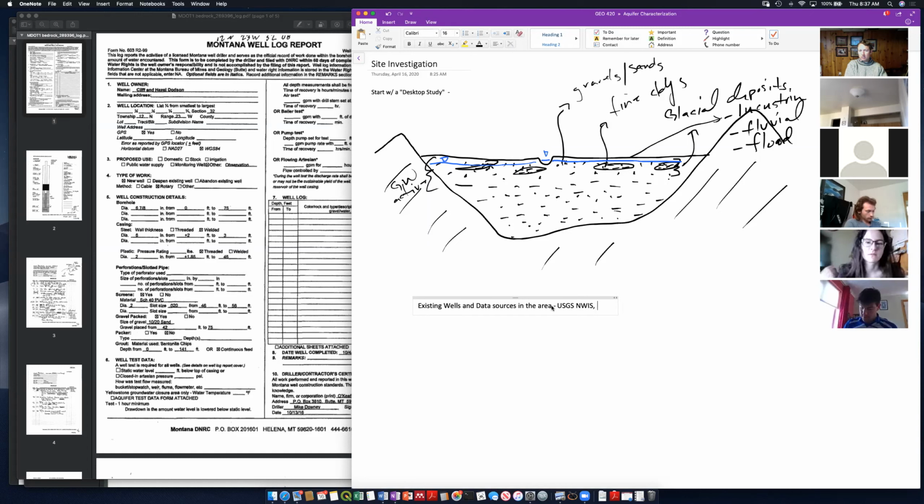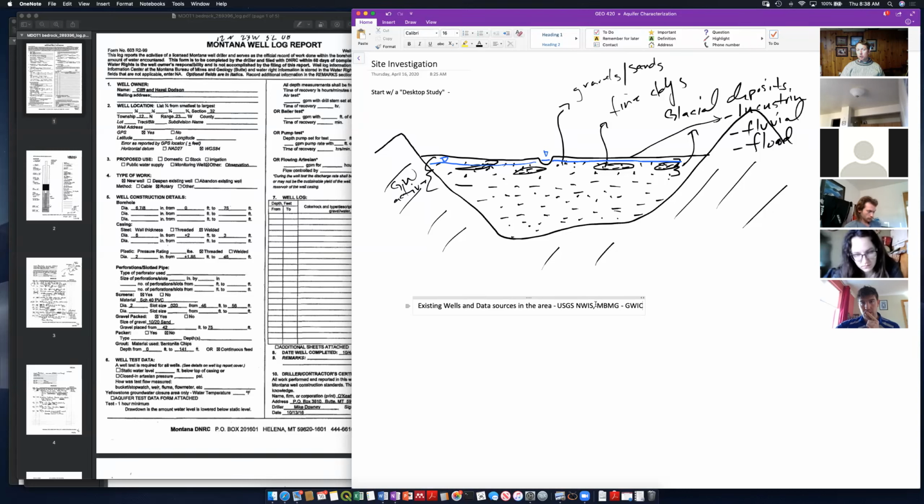And if you're in Montana, it is the Montana Bureau of Mines and Geology. They have the GWIC, Groundwater Information Center, all right? These two sources have databases of all the wells that have been drilled in the area.